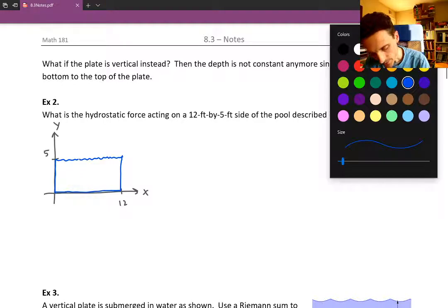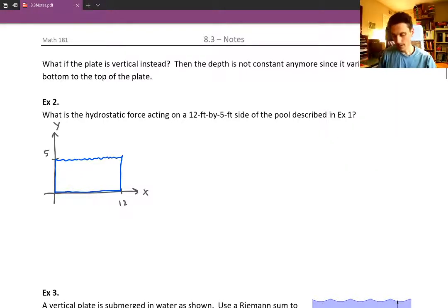And we're going to cut up the side of the pool into horizontal strips by taking that interval from y equals 0 to y equals 5 and dividing it up into a bunch of little subintervals. I'm not going to draw the subintervals, but you can imagine there are a whole bunch of little subintervals from y equals 0 to y equals 5. And we'll just draw a sample strip of one of those subintervals, the one right there at y sub i.